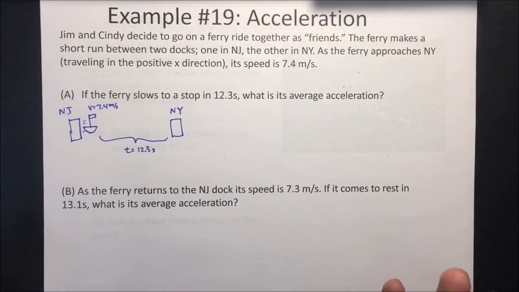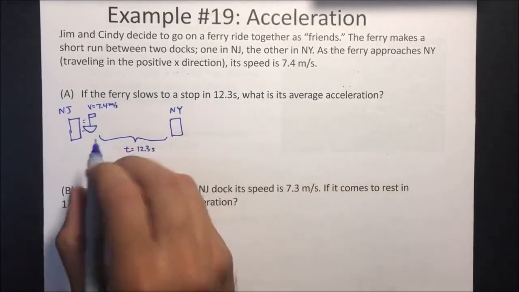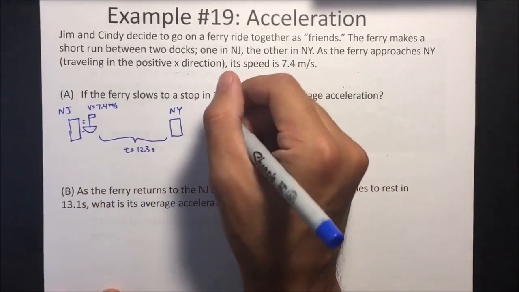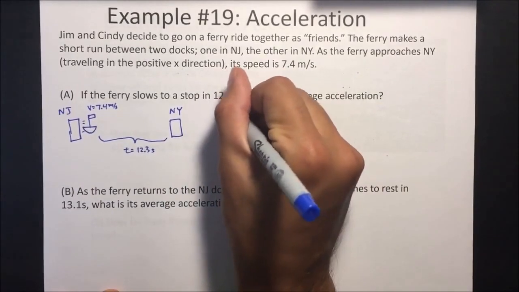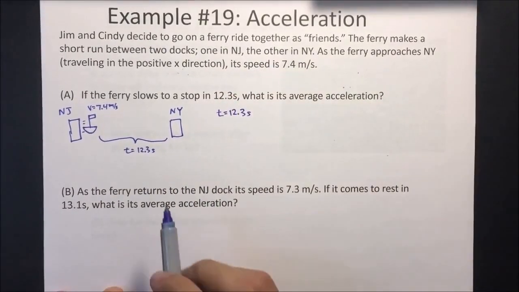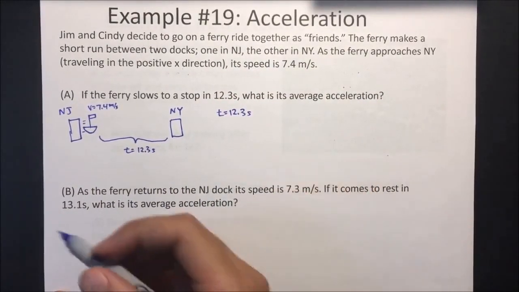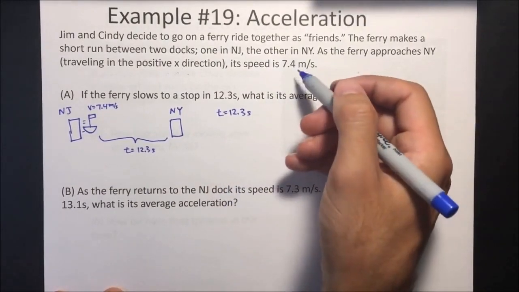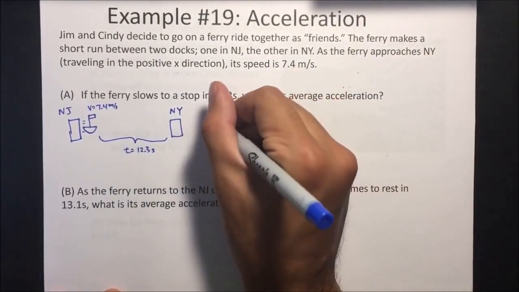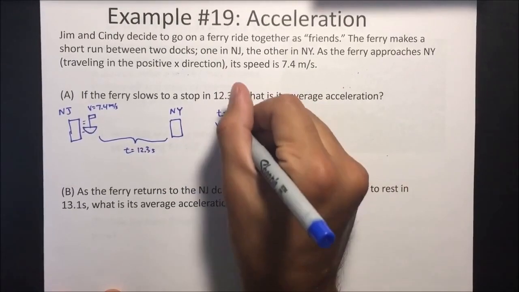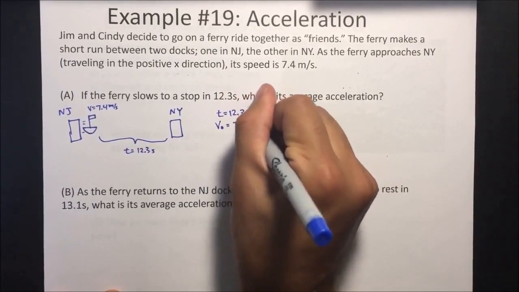So again, once we draw it out, we want to find everything that we know and what we're looking for. We know that how long it takes to come to a stop is equal to 12.3 seconds. At the beginning, before it slows down, it has a speed of 7.4 meters per second.